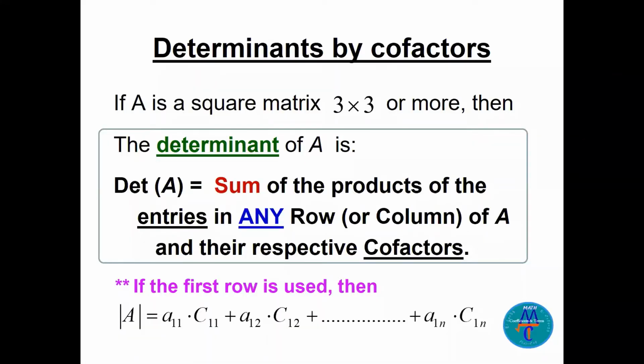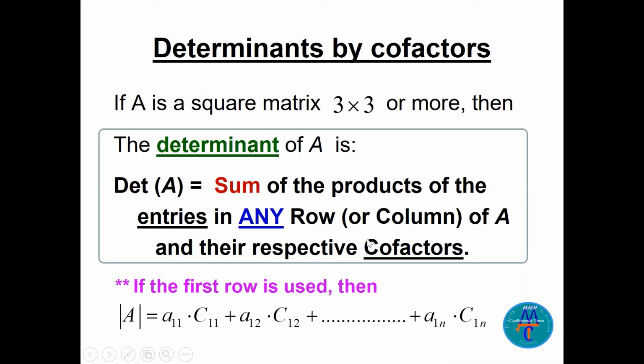Now, here we reach the main idea of this lecture, finding the determinants by cofactors for the square matrices 3 by 3 or more. So the determinant of A is the sum of the products of the entries in any row or column of A and their respective cofactors.